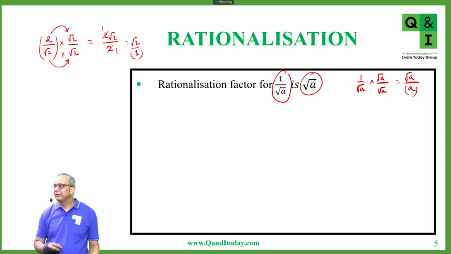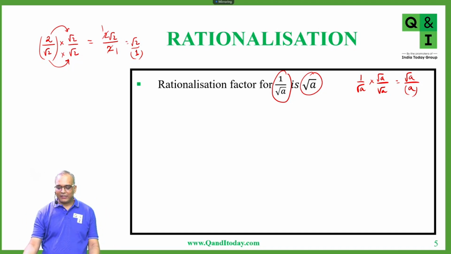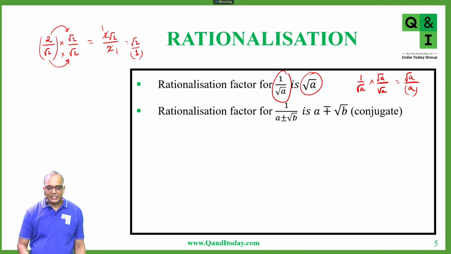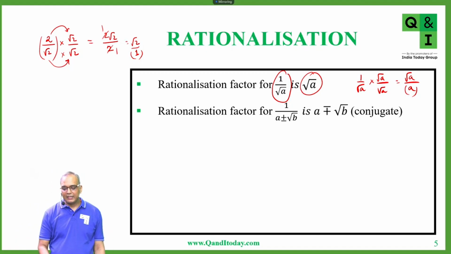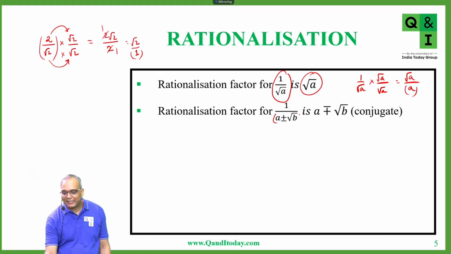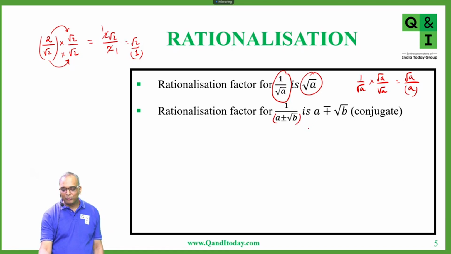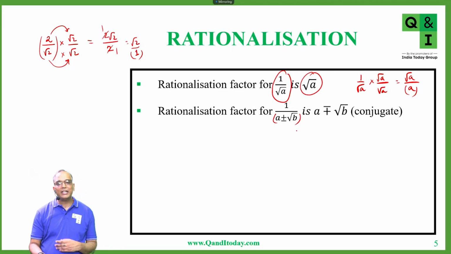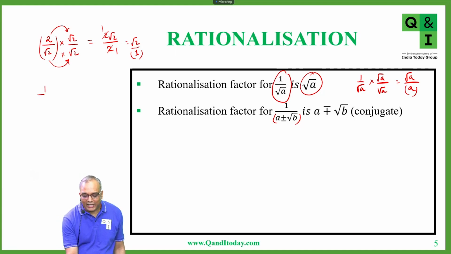Okay. Now let's go to the next one. Rationalization factor for 1 by a plus minus root b, right? Here you can see the denominator has a plus minus root b. So we will multiply both numerator and denominator by the conjugate of that. What does conjugate mean? If we have in the denominator 1 by 2 plus root 3, the conjugate of 2 plus root 3 is 2 minus root 3.